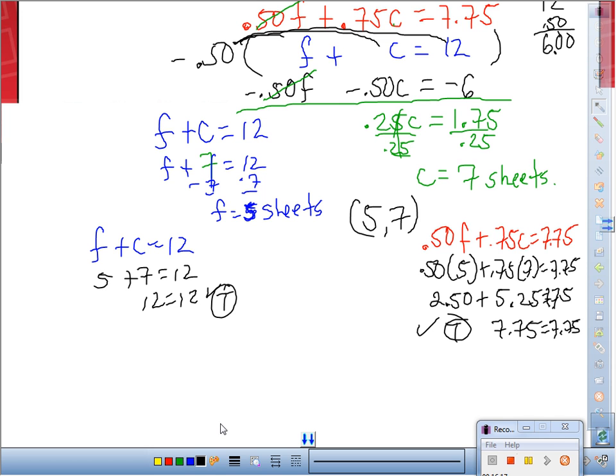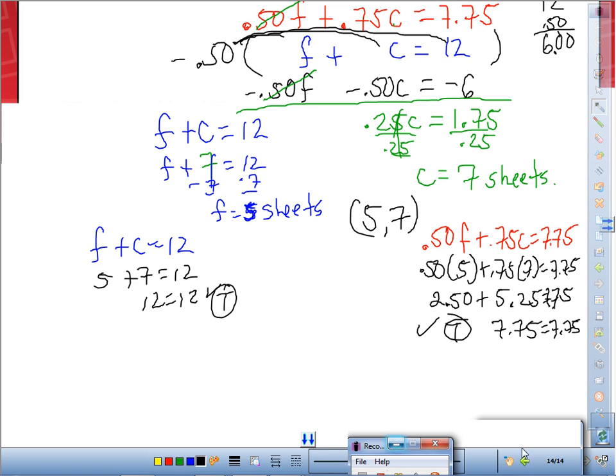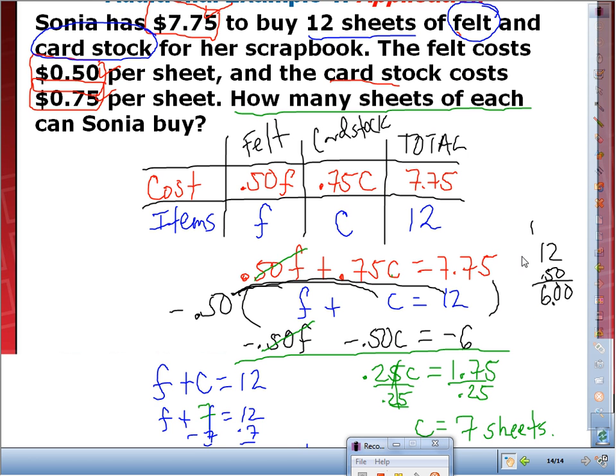So we write a statement. Here it goes. Let's write our statement to answer the question. Everybody look up. What was the question? How many sheets of each can Sonia buy?